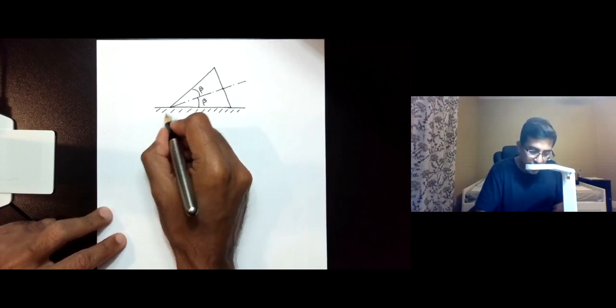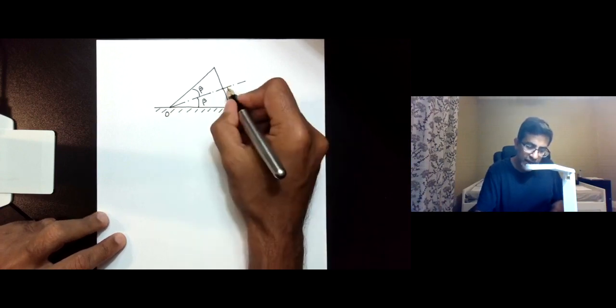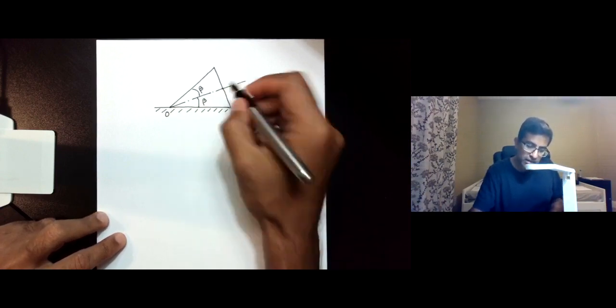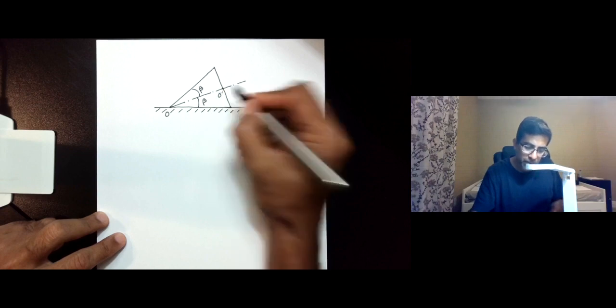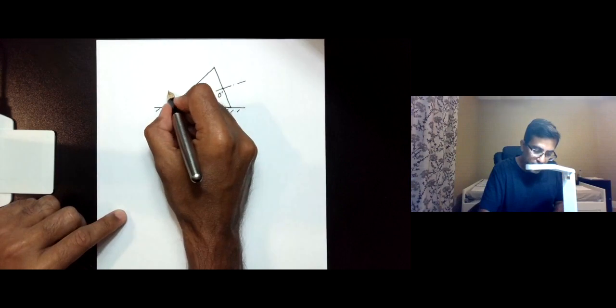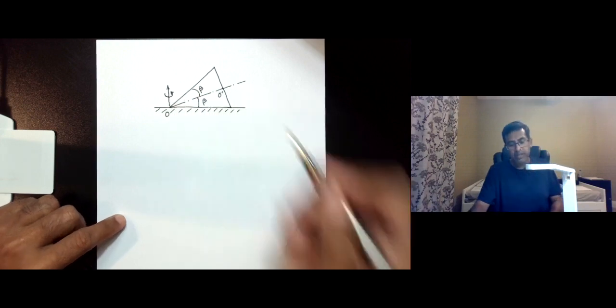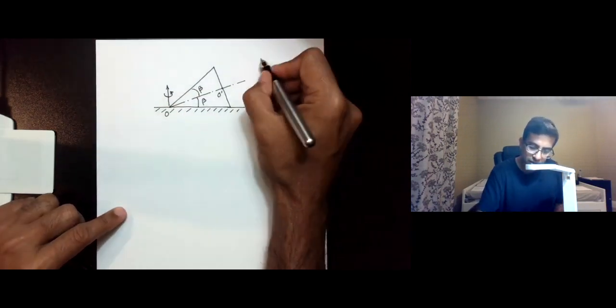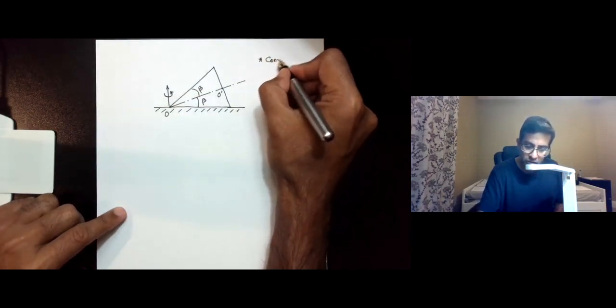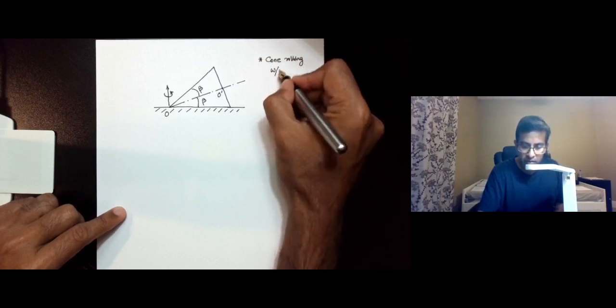The vertex of the cone is at a point O, and let's say that this axis goes through the point O prime, and the cone is rolling without slipping on the horizontal surface.